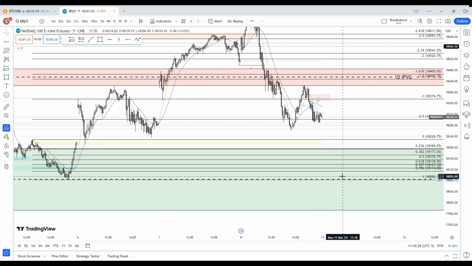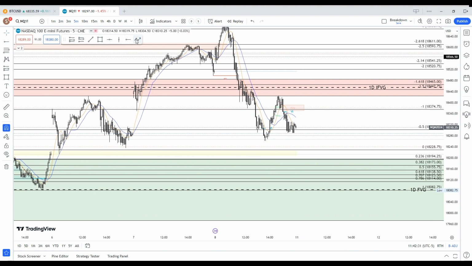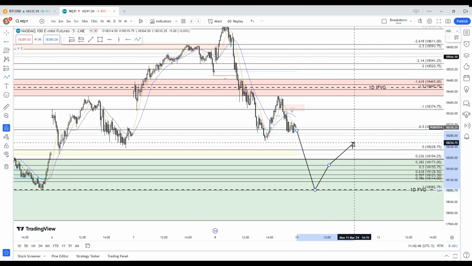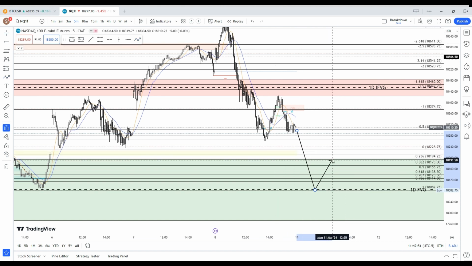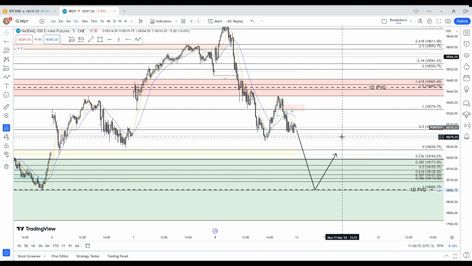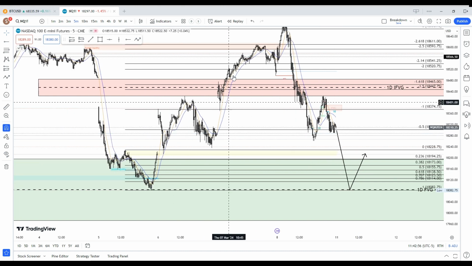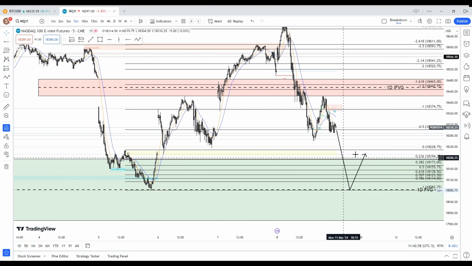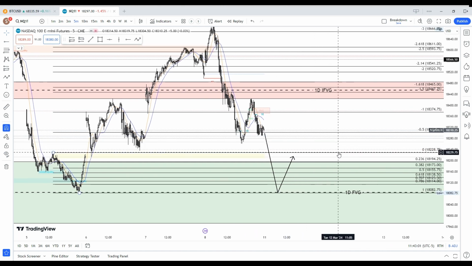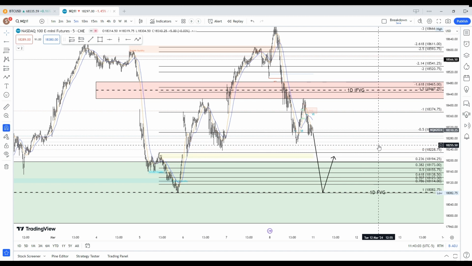I'd like to see, if we come down into this zone again, maybe we hit the 50% consequent encroachment of that zone and play around in this area before something like this happens on Monday, and then we'll just see what happens on Tuesday because of CPI.